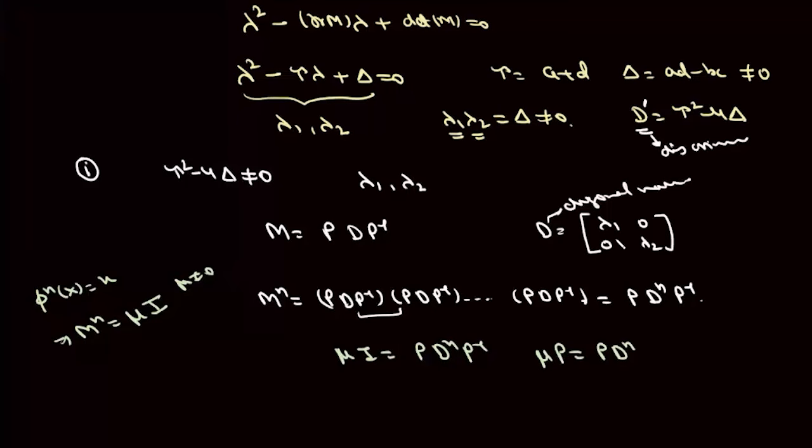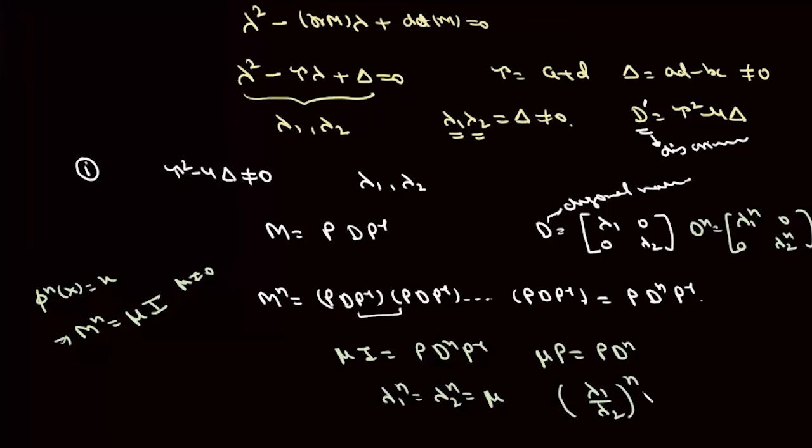Now this D is a diagonal matrix, therefore D to the power n will be simply lambda 1 to the power n, 0, 0, and lambda 2 to the power n. By direct comparison, lambda 1 to the power n must be equal to lambda 2 to the power n, and equal to mu. From this we can write that lambda 1 upon lambda 2, to the power n, will be equal to 1.